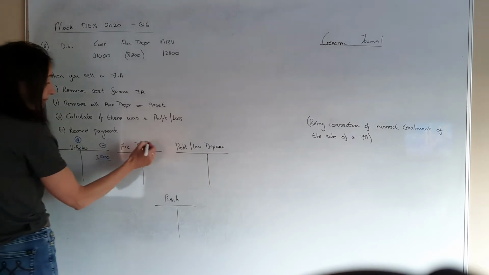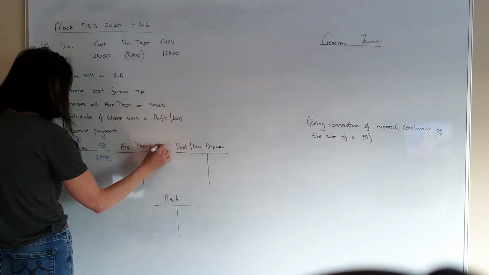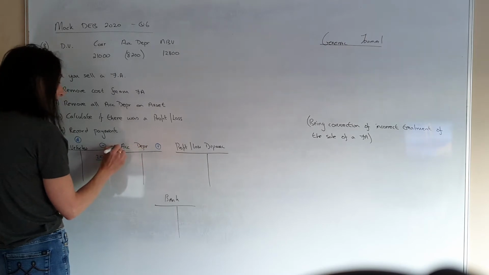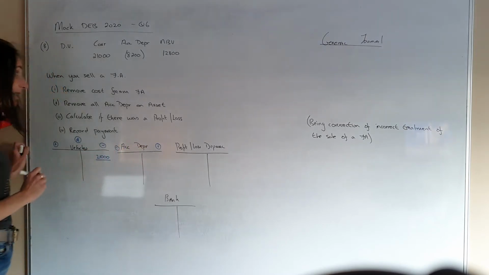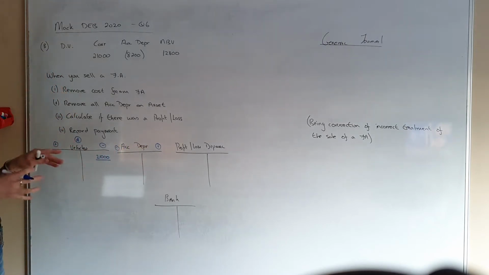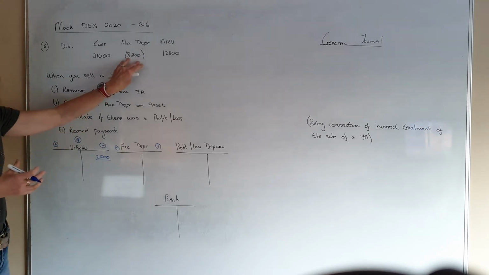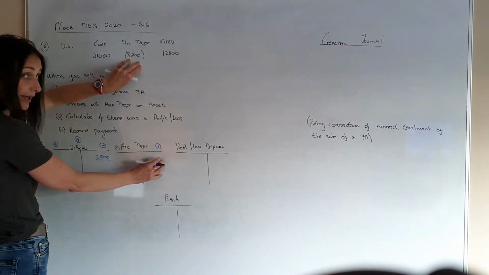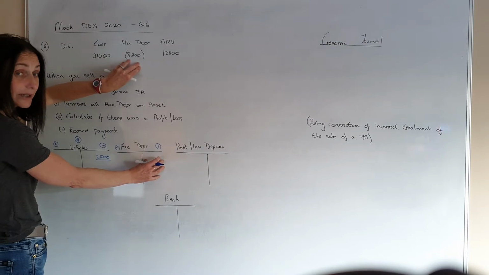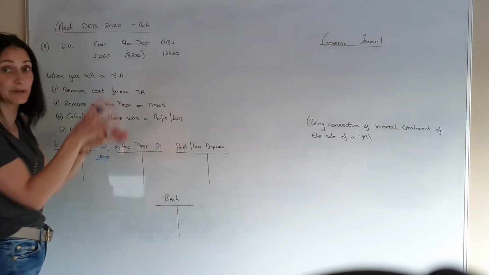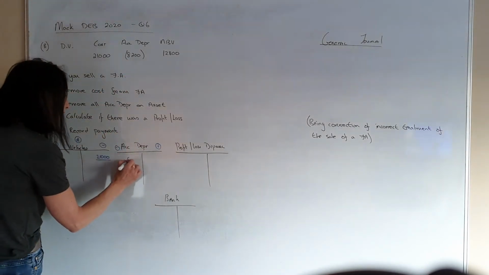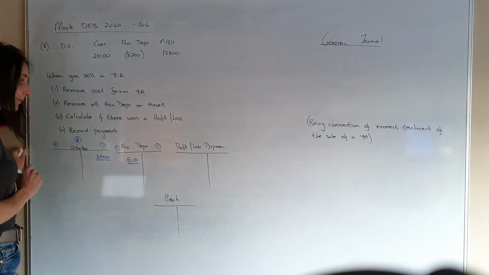Again, accumulated depreciation would always be on the credit side if you're increasing it, and on the debit side if you're reducing it. Now at the moment, for the van that we sold, in our accounts we have 8,200 included. If you sell a van, you no longer can have any depreciation in it. So we need to take the 8,200 out of your accumulated depreciation.